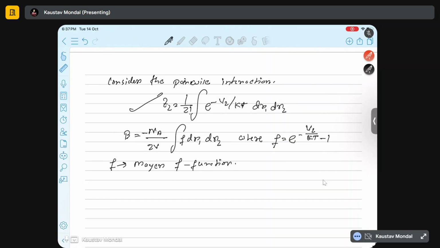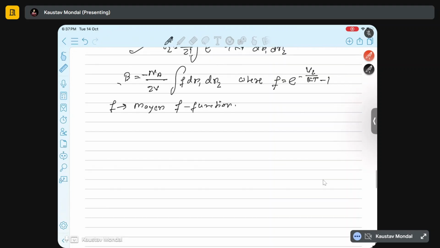For that, let's rewrite this expression for B, which will look like this: minus 2 pi times N_A times the integral of f r squared dr. Okay.